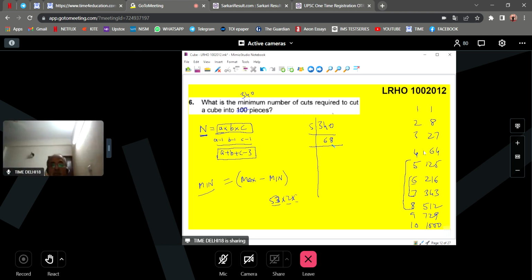Next level is 4 and 9. I've got my three numbers, 5 into 4 into 17. How many cuts I should apply? 4 in this direction, 3 in this direction, and 16 in this direction. Total how many? 23. Is it fine, Tushar?